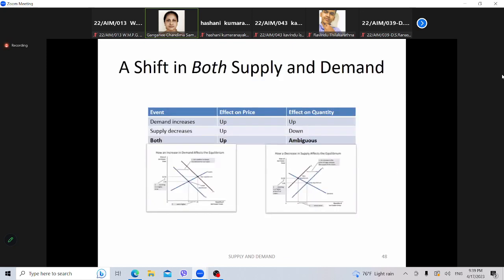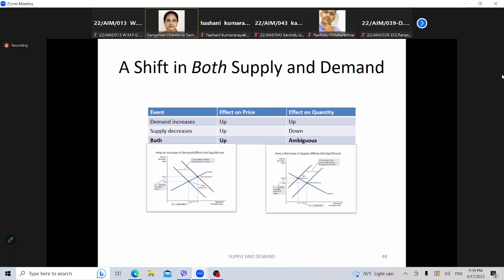A shift in both the supply and demand curves, that's also very important to understand. Okay. Then let's say the supply curve is shifting and the demand curve is also shifting. Then what will happen? Okay. Demand increases when the price is low. The supply increases when the price is higher.